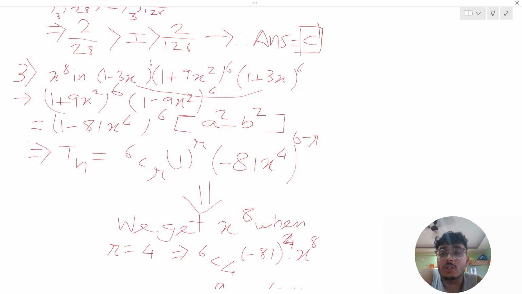So (a minus b) into (a plus b) gives me a square minus b square, that is (1 minus 9x square) whole to the power 6. So this is what I am getting.